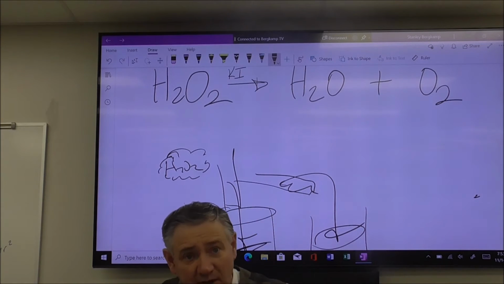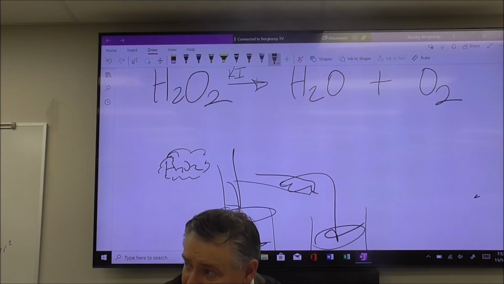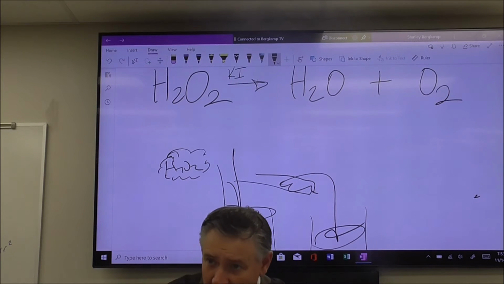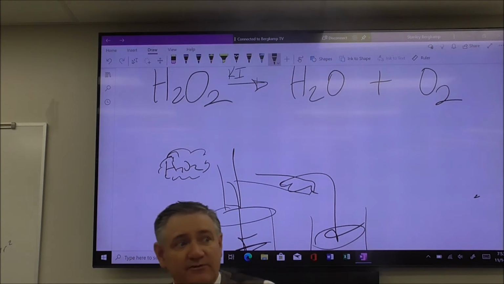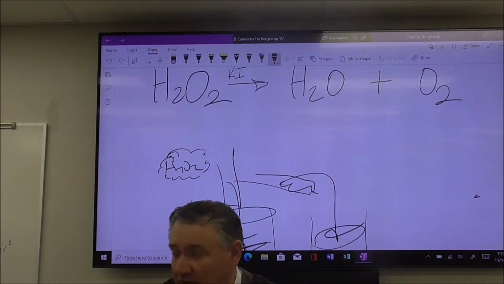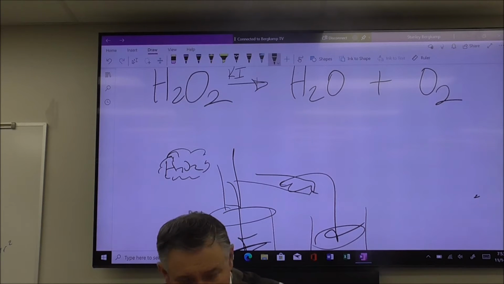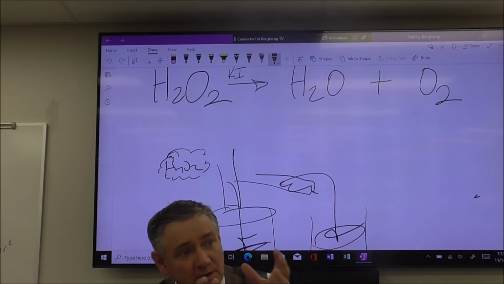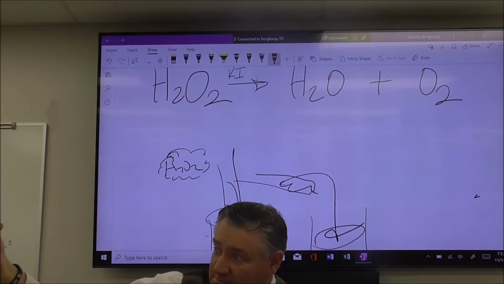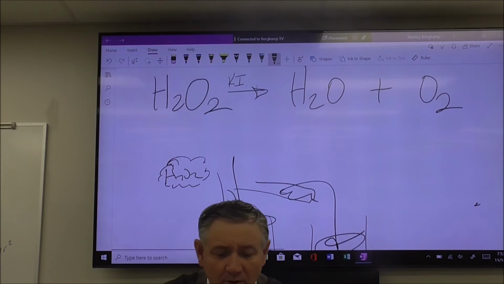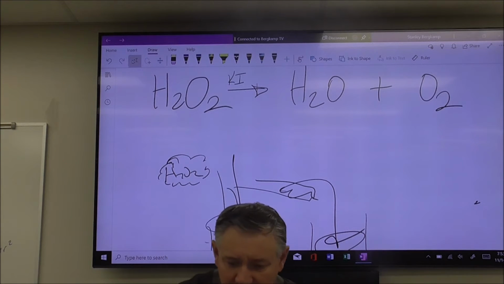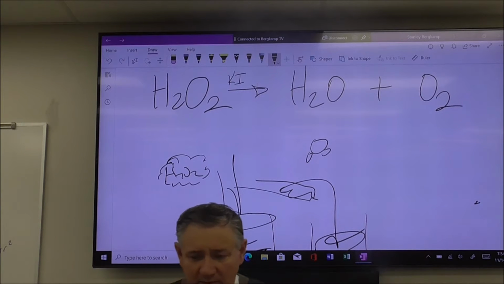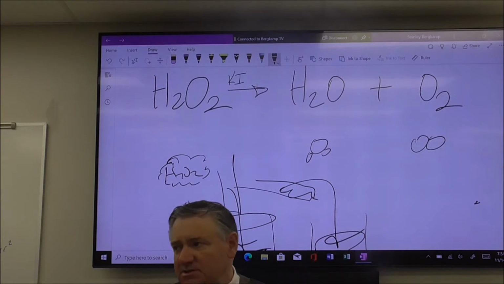So when you see those as the elemental form, not when they're bound up with anything, but if you see oxygen by itself, or hydrogen by itself, or fluorine by itself, or iodine by itself, those are always 2 that are hooked up. They're not stable by themselves. They're more stable bonded to something else, and that's why it forms like this. So here's what I'm looking for in the diagram. You're going to have a water molecule, and then you're going to have 2 oxygens hooked up.